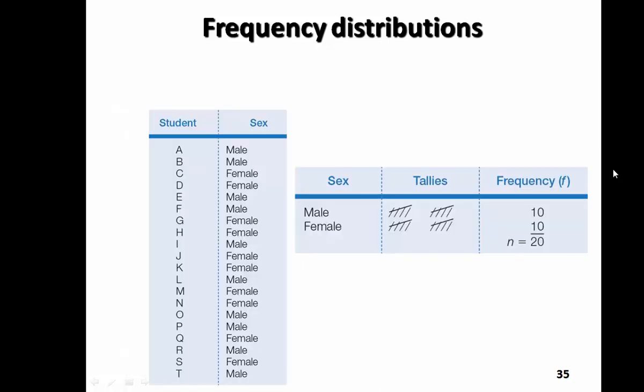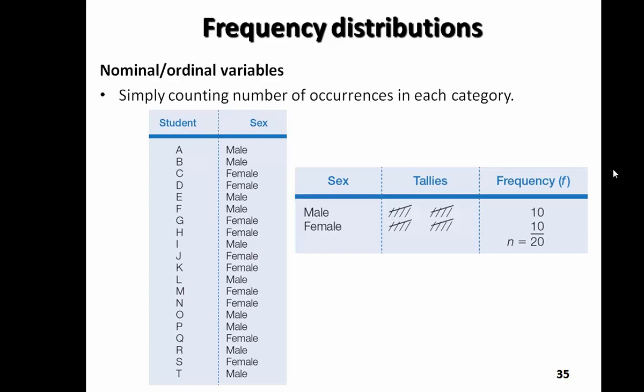Just two examples here in which frequency distributions become very useful when data are nominal or ordinal. In these tables, we're simply counting the number of occurrences in each category. If there are a number of students in a particular class, and those students are categorized as either male or female, we would simply count the number of occurrences.